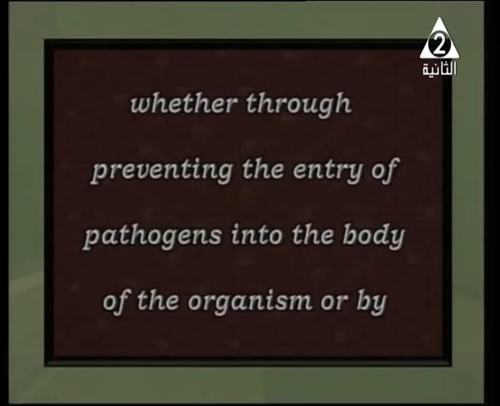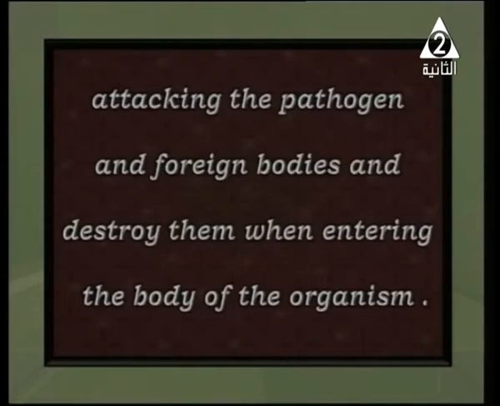So the main purpose of the immune system is to defend the body and to prevent these pathogens from entering and penetrating the living organism's body, attacking the pathogens and foreign bodies and destroying them when they enter the body.